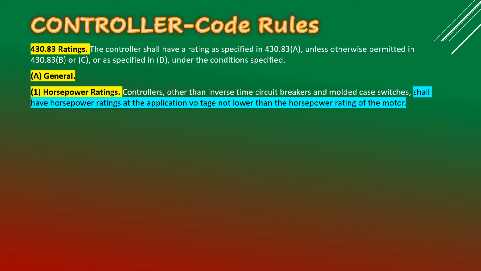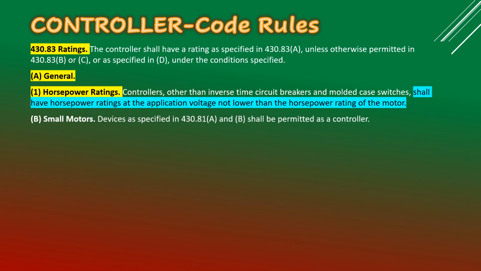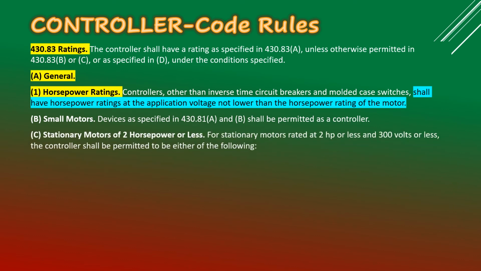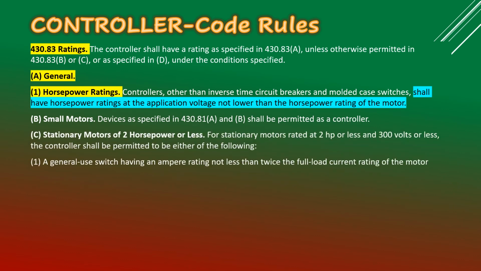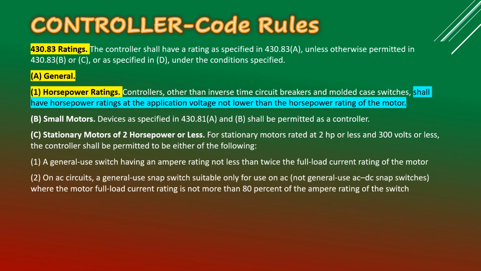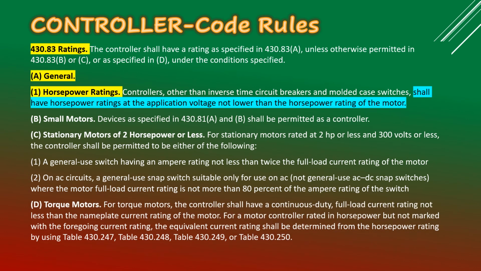So it is based on the horsepower of the motor. Also mentioned are small motors, stationary motors, torque motors, and some other code rules if you want to read them.